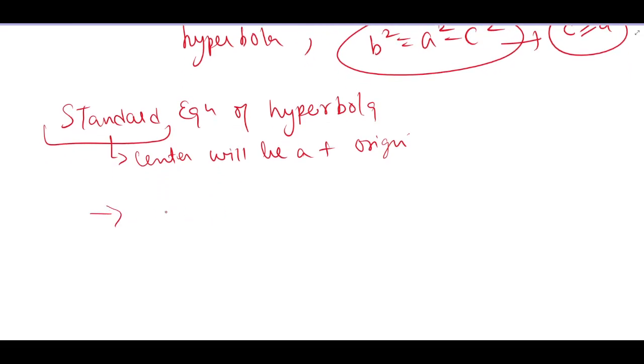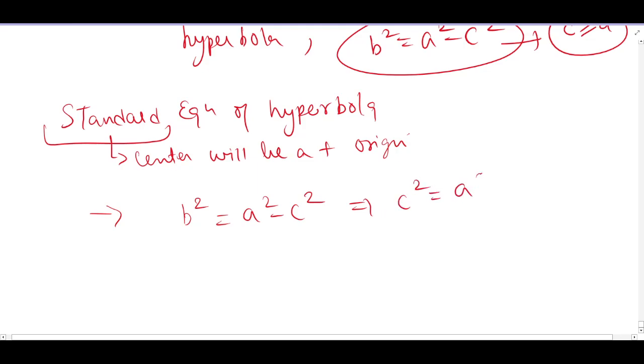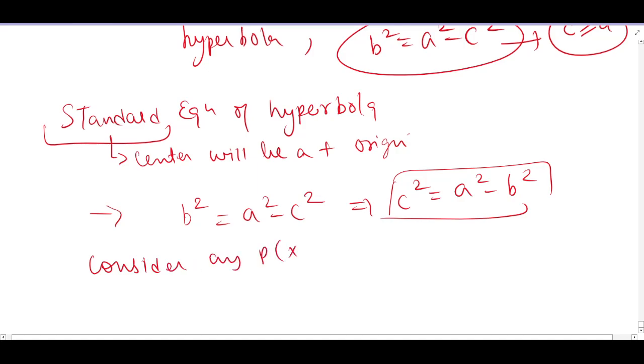And we know in case of hyperbola, B square is equal to A square minus C square, or C square is equal to A square minus B square. Now consider any point P on hyperbola. Consider any point P x comma y on hyperbola.